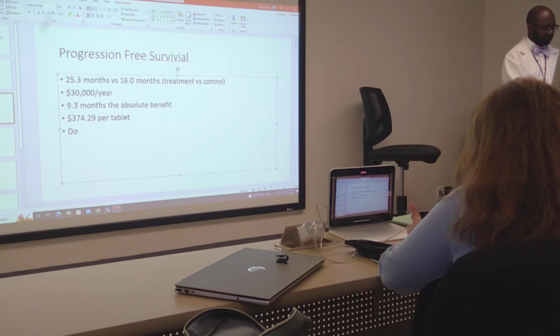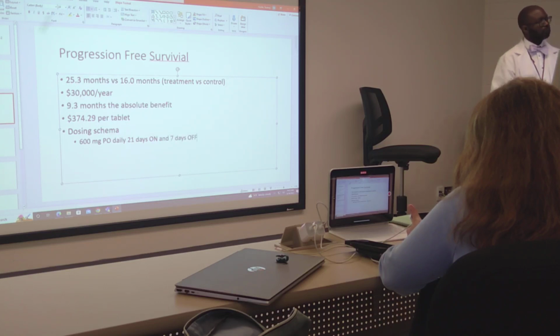Now the dosing scheme is 600 milligrams by mouth daily, 21 days on, 7 days off. That's the dosing scheme, and this is regardless.